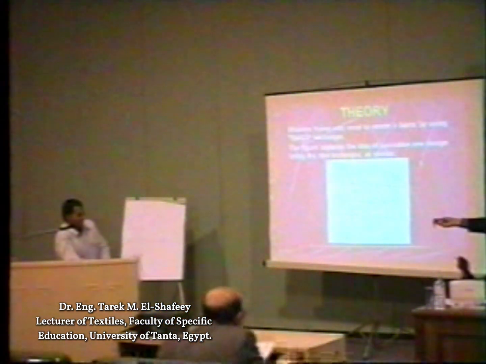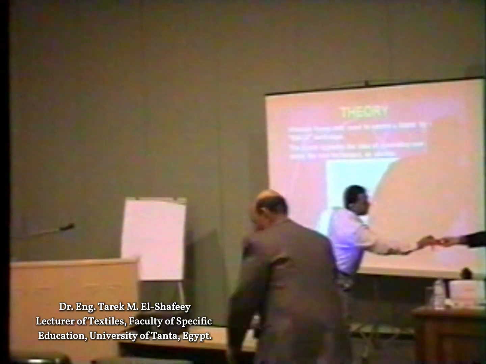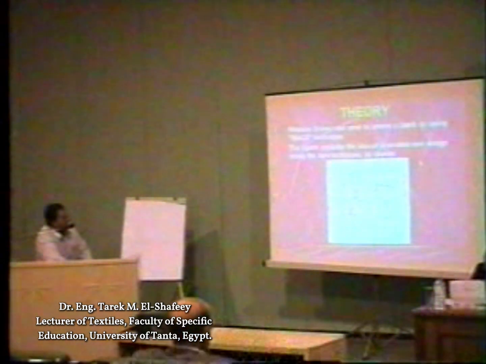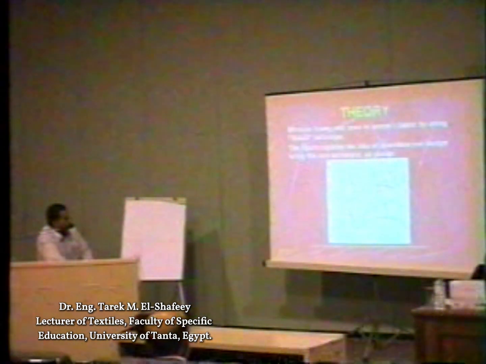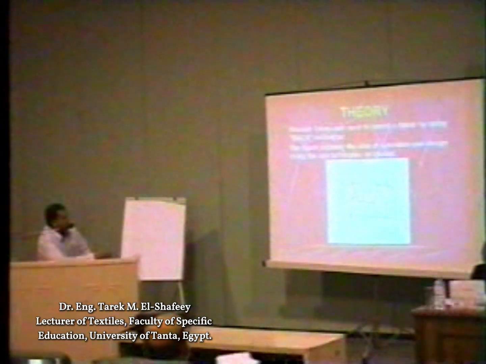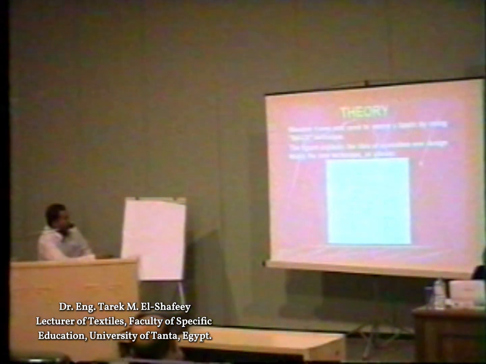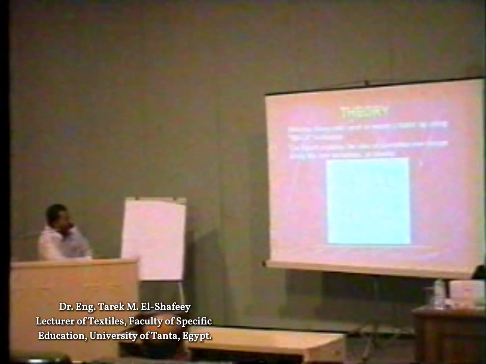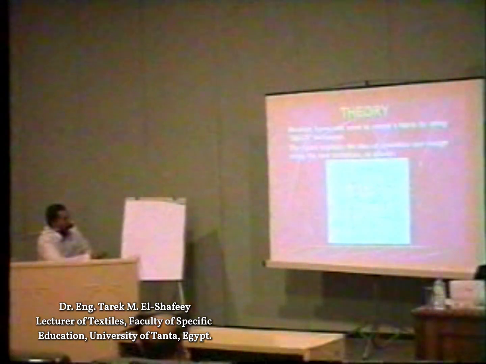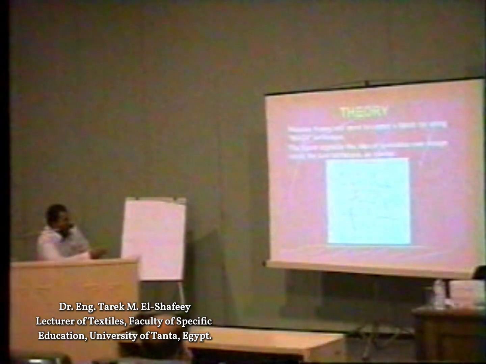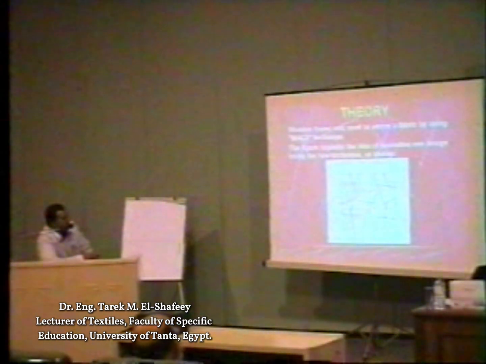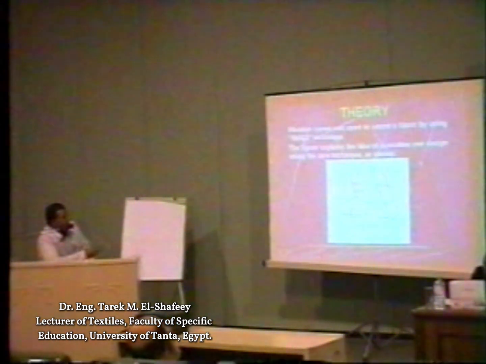For every part, if we see here in this area, this line F3, F4 represents weft direction, and T2, T3, T4, this line represents warp direction.